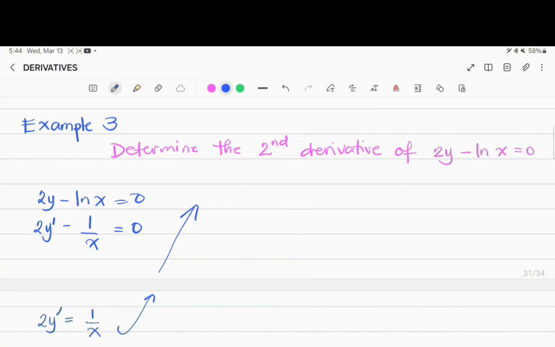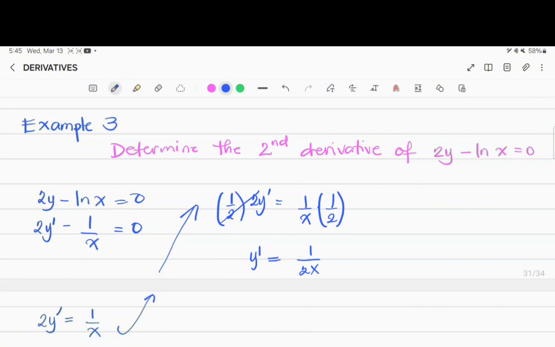We multiply both sides of the equation by 1/2. So this is going to be 1, and 1 times y prime is y prime. That is going to be equal to 1 over 2x. Multiplying the numerators and denominators will give us 1 over 2x. So that's the first derivative.